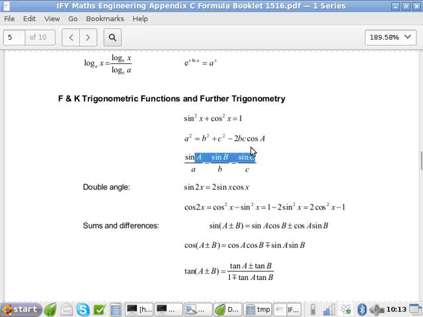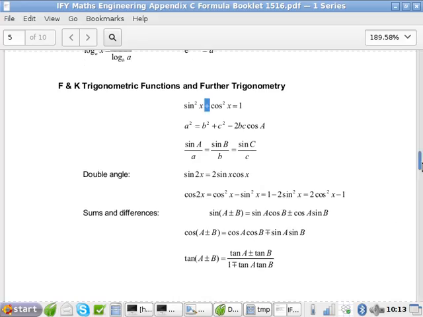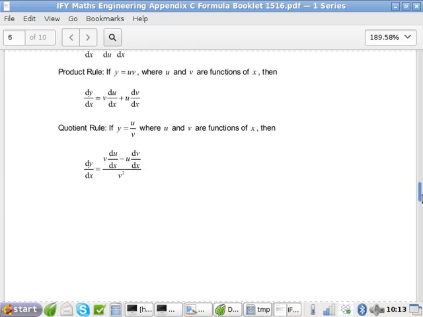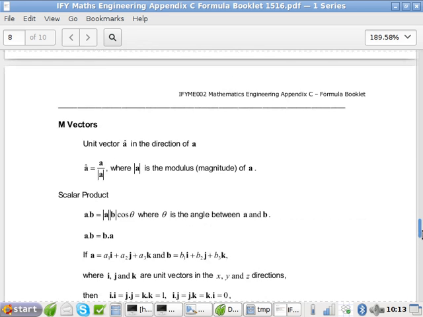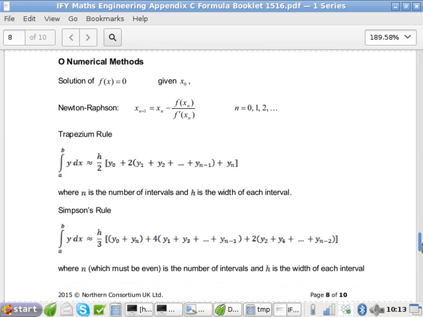You got the sine rule, cosine rule, and your double angles, your compound angles. And then here you got your calculus rules, and you've got your trapezium, Simpson and trapezium. First plus last plus 4 times the odds plus twice the evens.